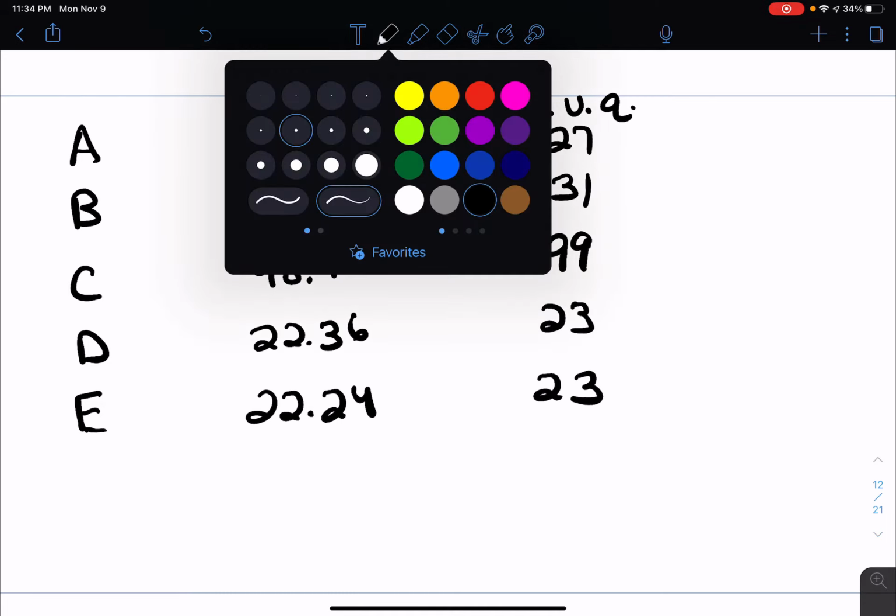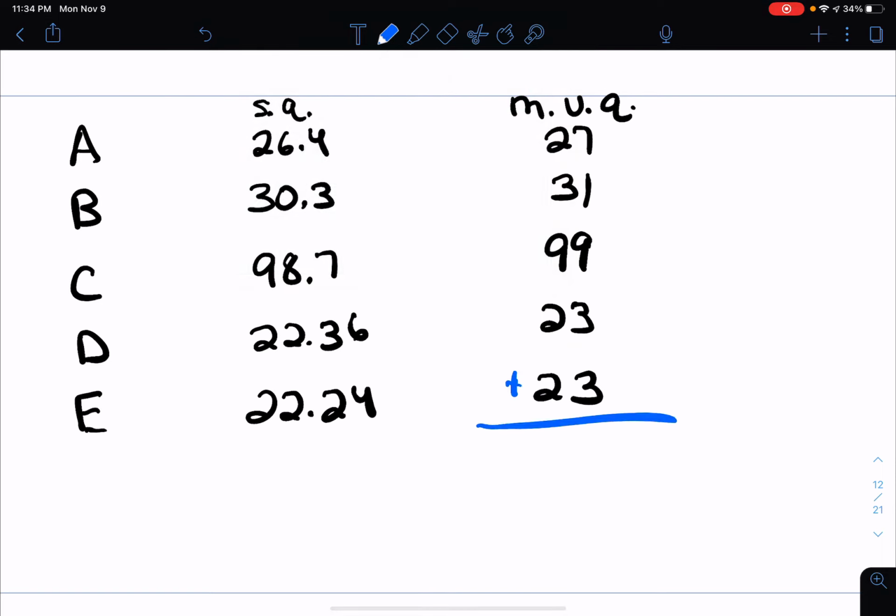What does that add up to? That's looking like it's too big. Let me double check on my trusty calculator, but just in case. Yeah, 203. Too big. I need to go down.